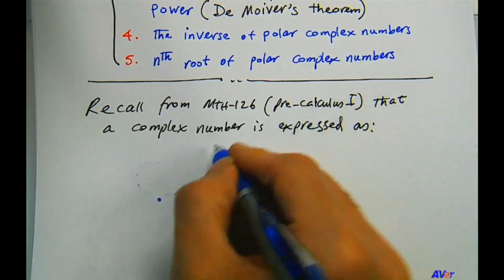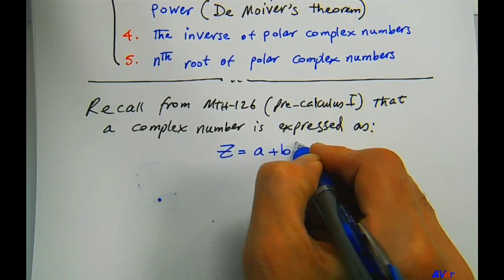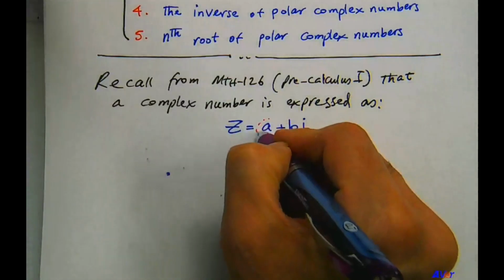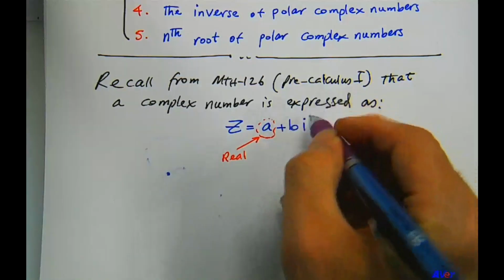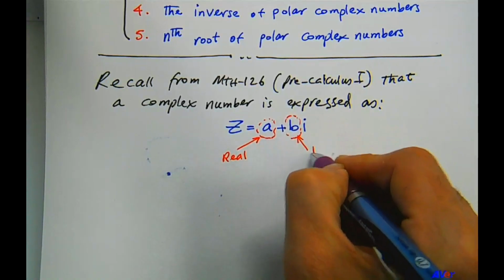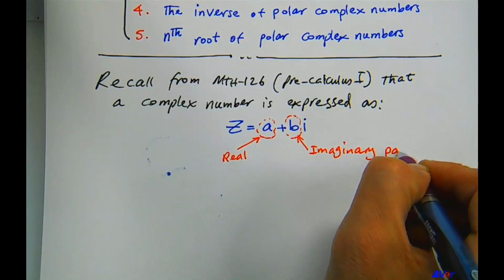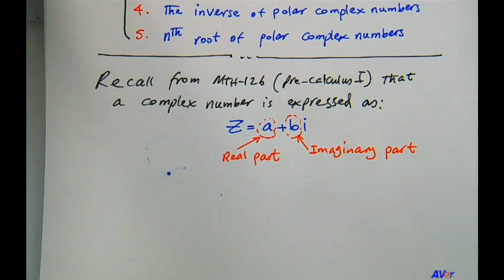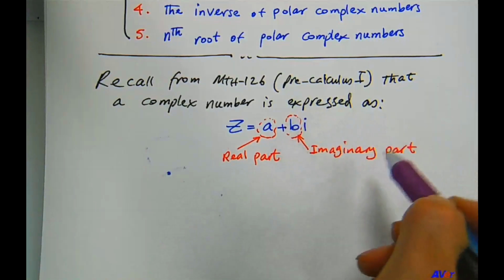So a complex number is expressed as z equals a plus bi. In this case, we call a the real part, and b, not bi, just b, as the imaginary part. In Math 126, my students often think that bi together is the imaginary part.